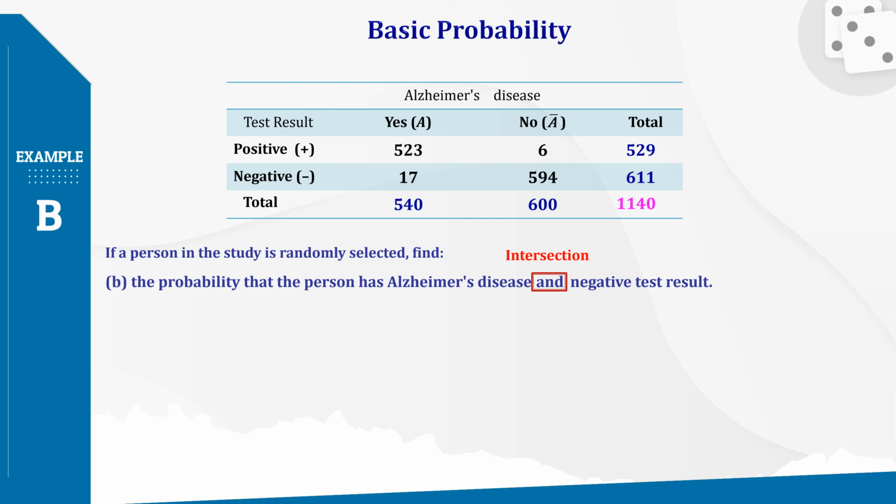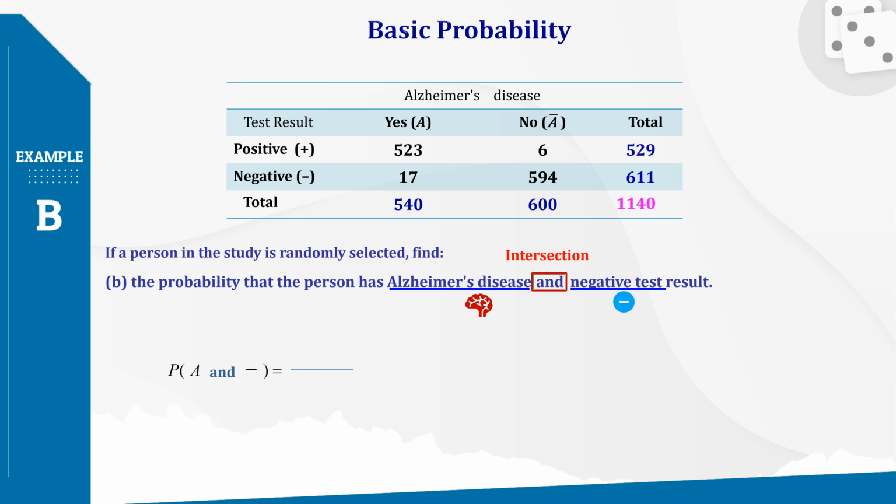If you try to apply it, you may get wrong answers since you do not know if these events are independent or not. First, write the probability notation. There is AND in between two events. For the left of AND Alzheimer's disease, place the abbreviation A and place negative symbol after AND.